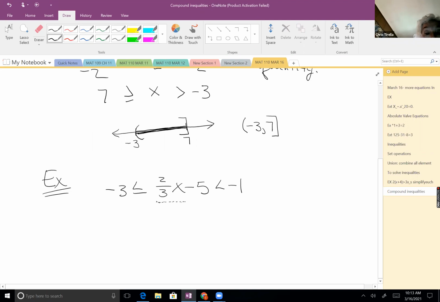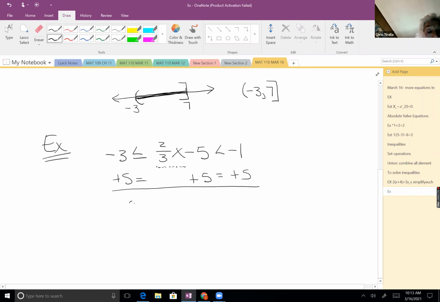First, let's get that variable term alone. So we'd want to move the -5. The opposite of subtracting 5 is to add 5. And again, I have to do it to all three parts of the inequality. That gives me 2 is less than or equal to 2/3 x is less than 4.